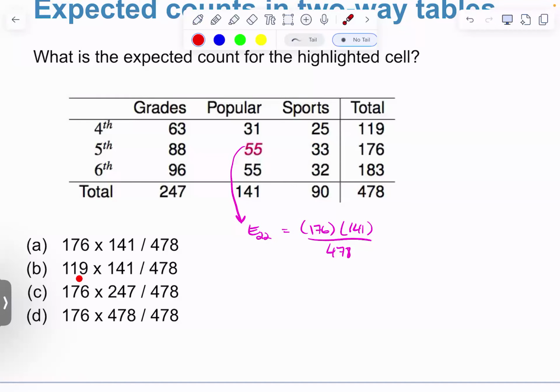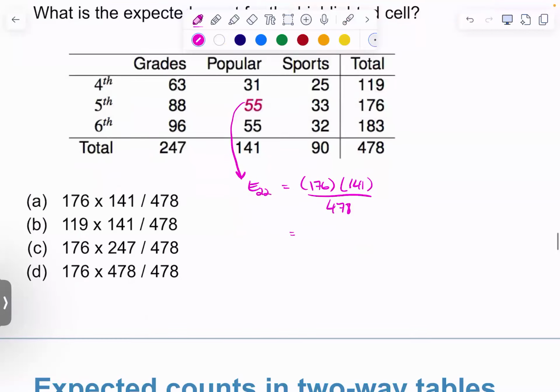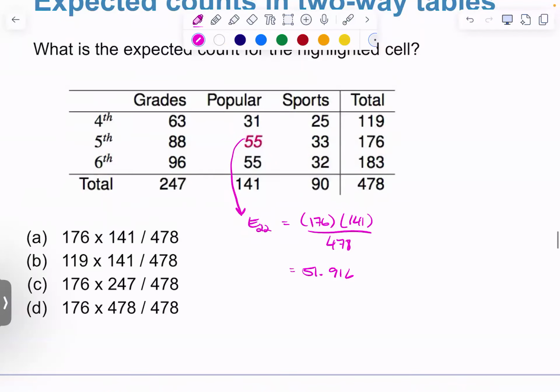I would have fallen for the decoy too. Rude. Thank you. 176 times 141 divided by 478. I would expect roughly 51.916. But I guess it just wants the numbers. Is it the first one? Yeah.